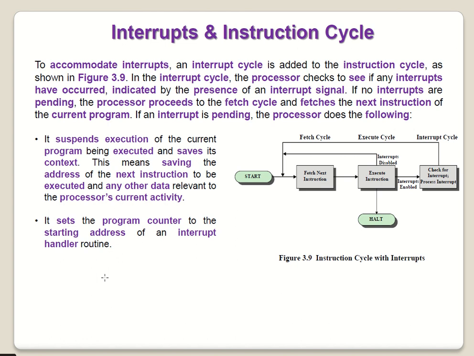So it sets the content of the PC to the starting address of the handler. Fine. So these are the two things done, in case there is an interrupt waiting in the interrupt cycle. If there is no interrupt, go to the fetch cycle. Okay.